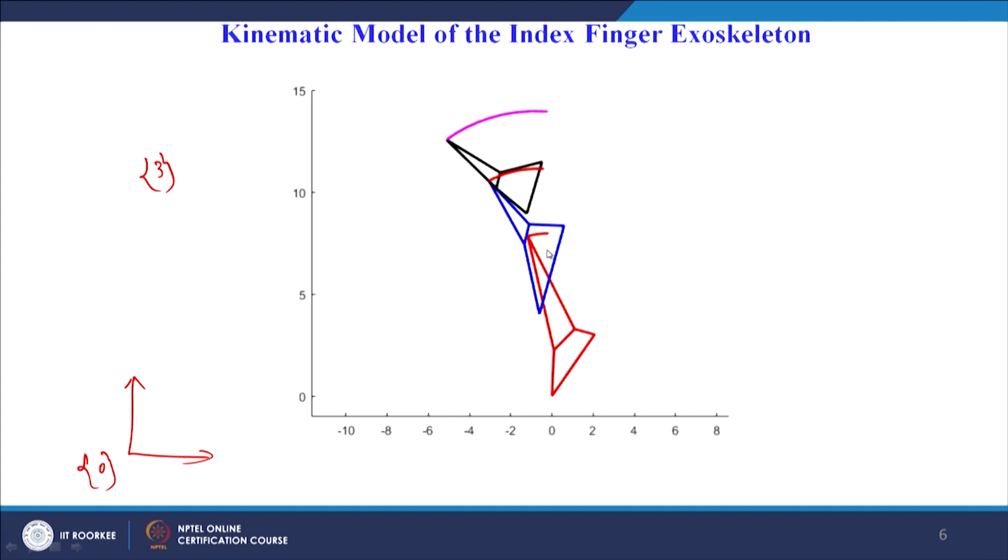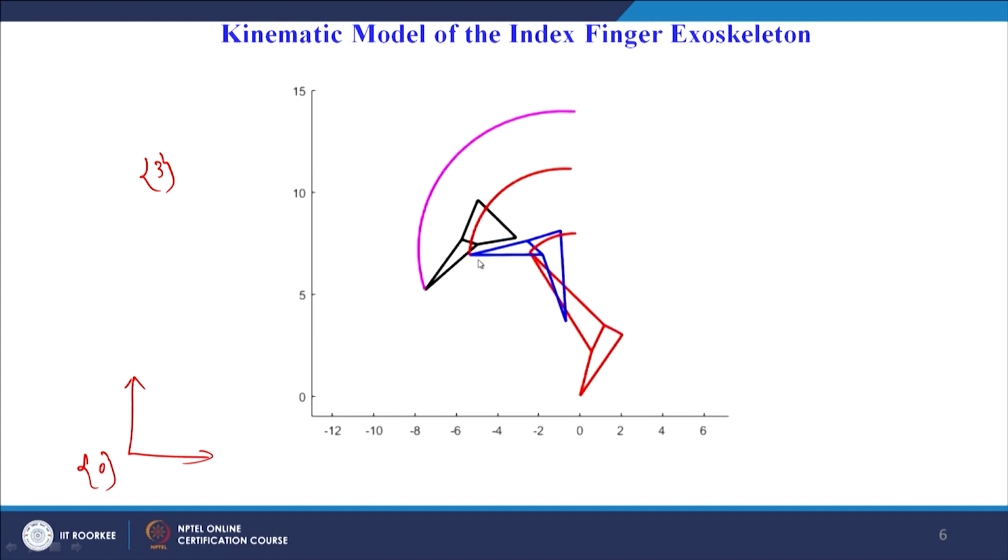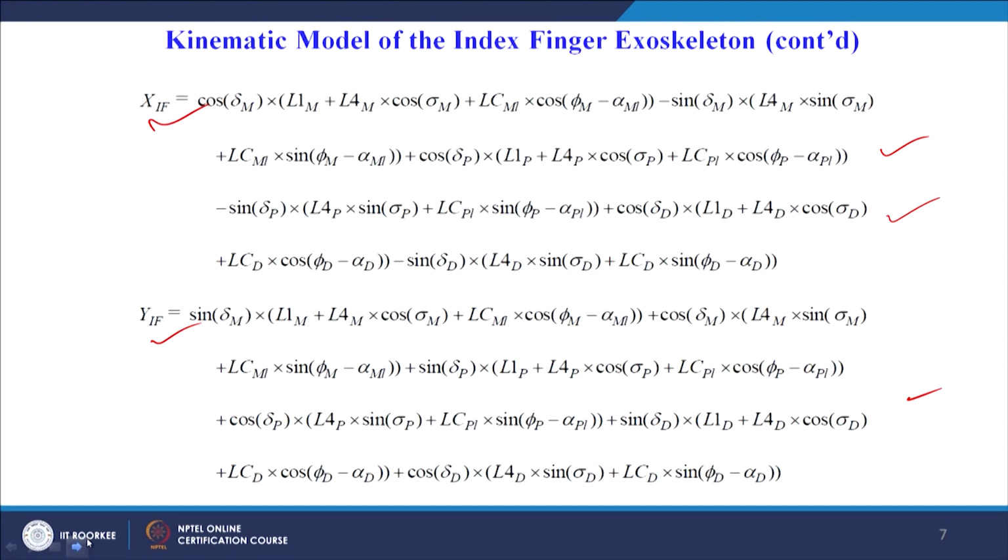From the coupler we move on to the line which is the base of the middle phalanx 4 bar. From that we reach the coupler tip of the middle phalanx. From there we reach the distal phalanx tip. That is how, through the closed loop equation, we have obtained the tip position of the index finger exoskeleton.